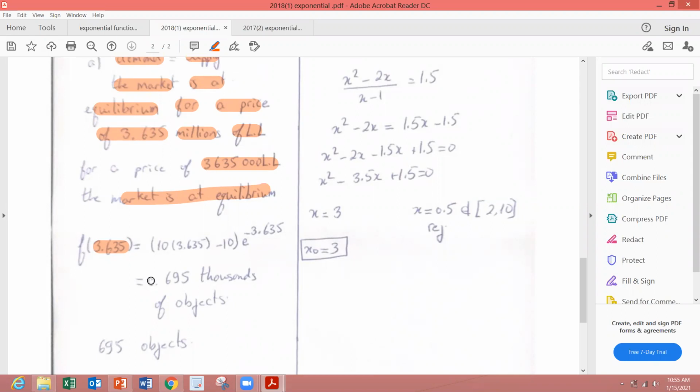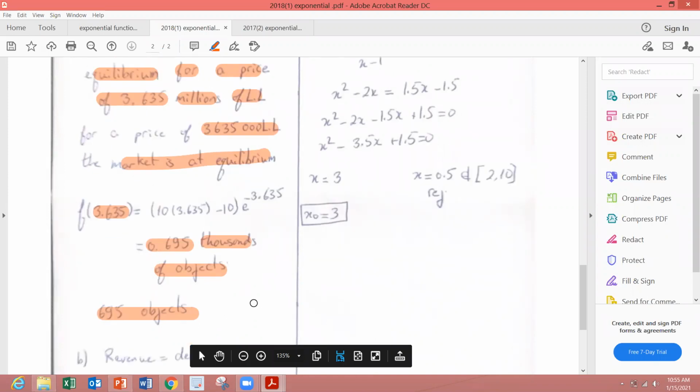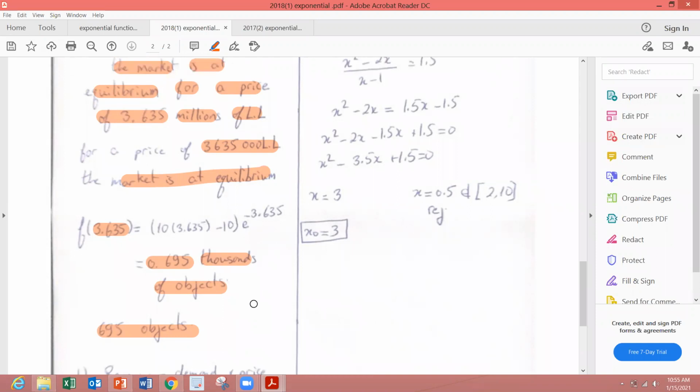By using the calculator, I get 0.695 thousands of objects, or 695 objects. Marianne, are you understanding? Yes.